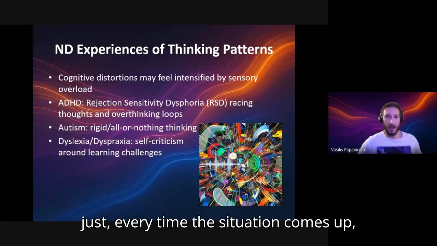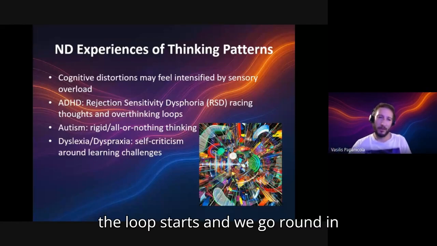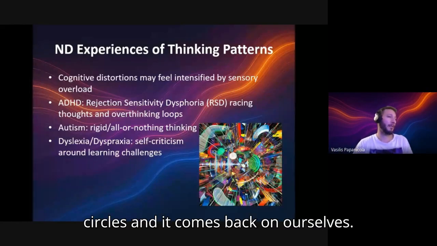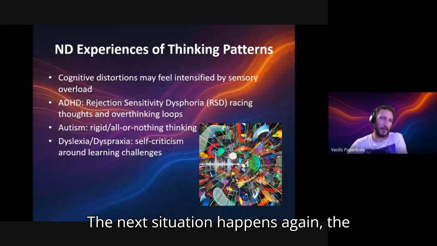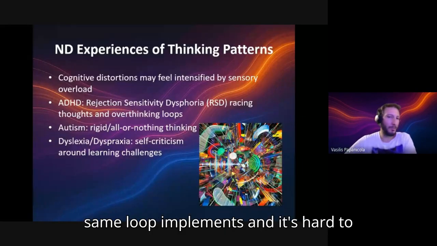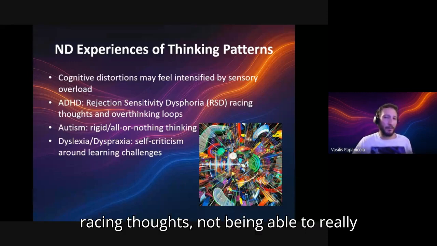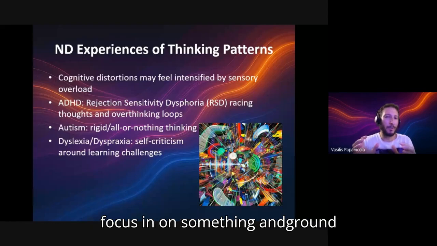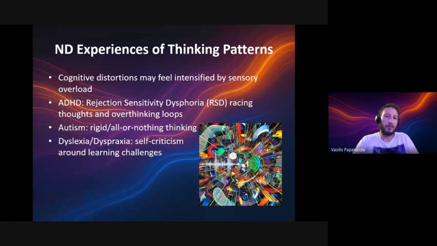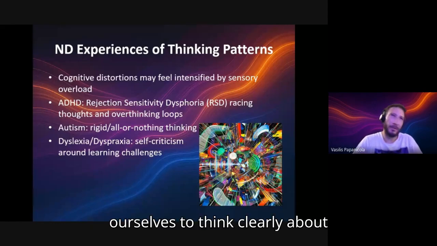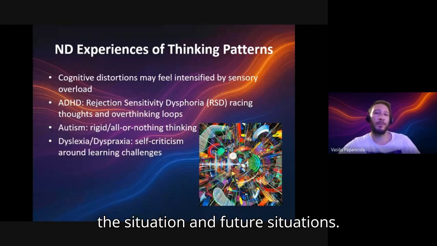Every time the situation comes up, the loop starts and we go round in circles and it comes back on ourselves. The next situation happens, the same loop is implemented again, and it's hard to escape from it. The other thing with ADHD is the racing thoughts, not being able to really focus in on something and ground ourselves to think clearly about the situation and future situations.